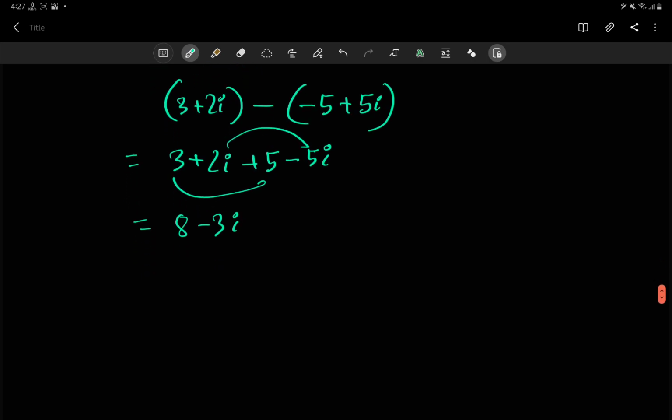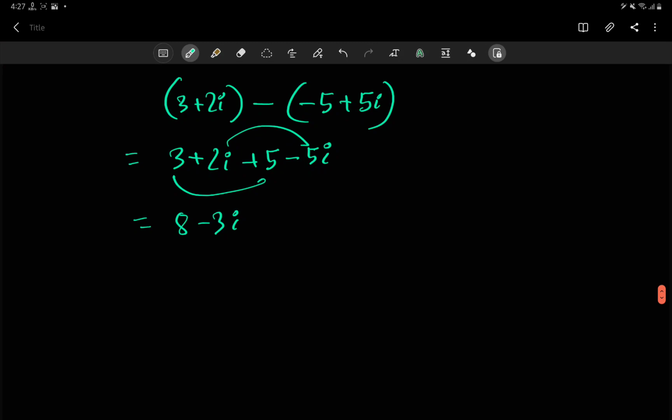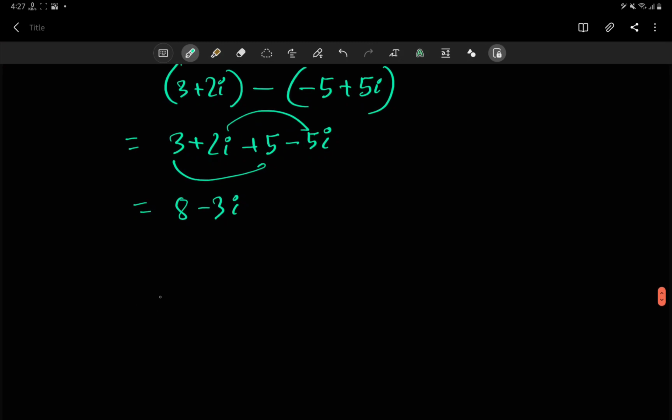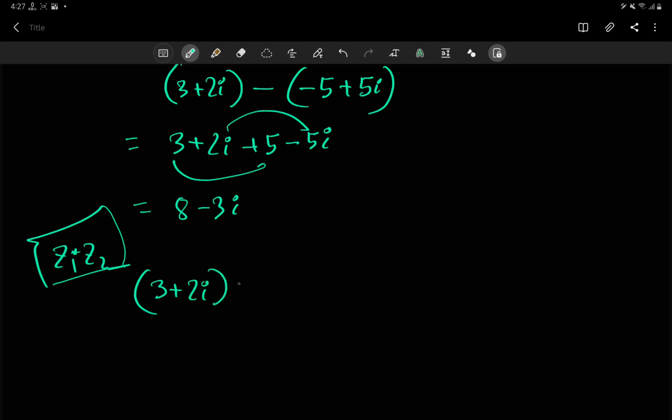Okay, then how do we multiply two complex numbers? Well, we have 3 plus 2i times minus 5 plus 5i. Okay, so we have 3 times minus 5, minus 15, 3 times 5i, that is plus 15i.